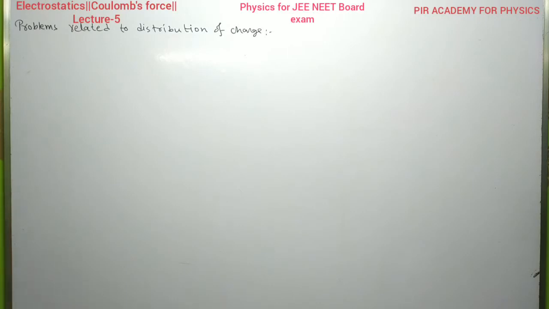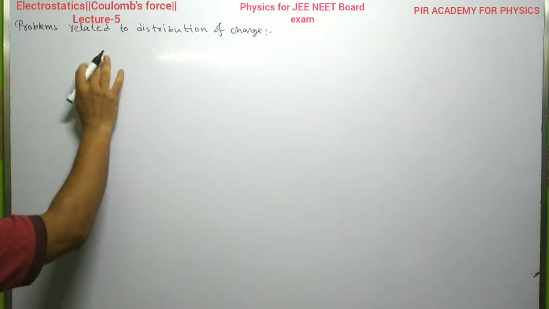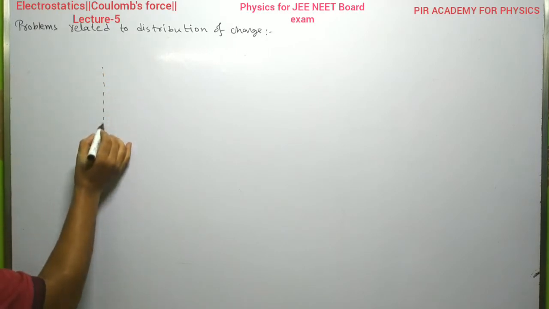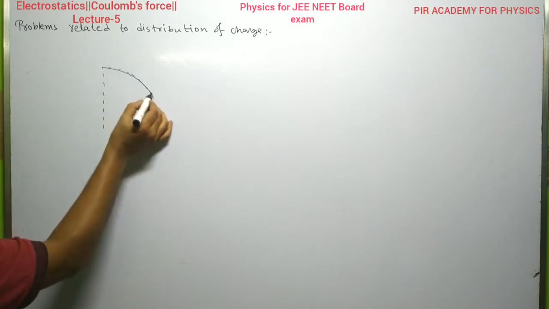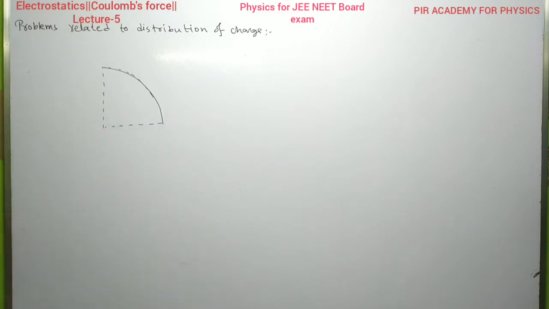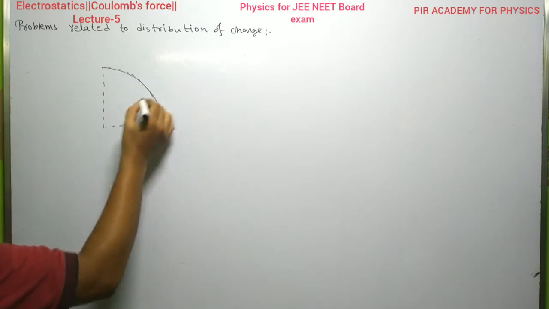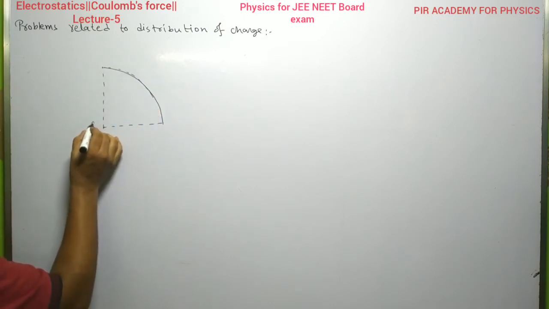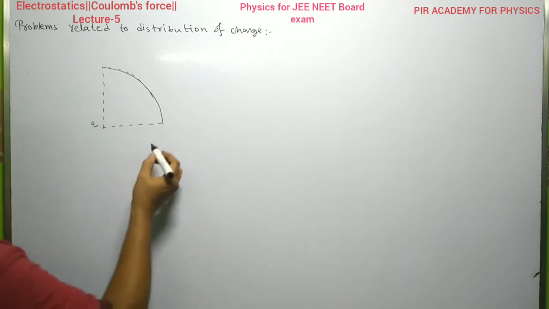Now take number 3, suppose this is a quarter semicircular loop, a quarter loop. If you place the charge Q here, you have to find the force on Q due to this configuration.